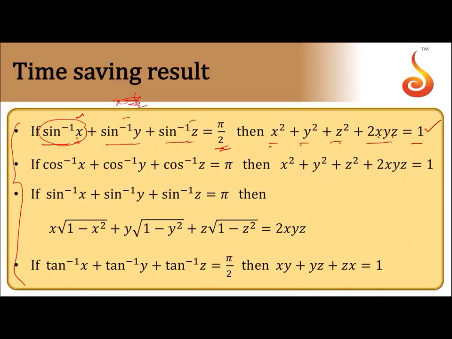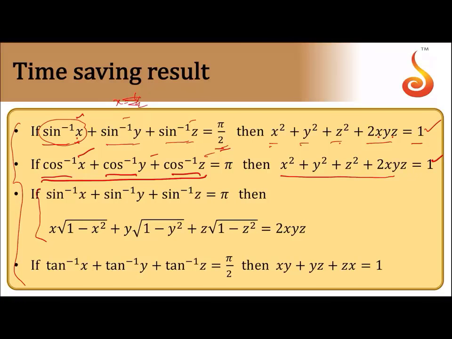In the same way, by taking the corresponding values of cos inverse x, cos inverse y, cos inverse z, and substituting to get x, y, z as some specific values satisfying this condition, you'll be getting 1 over here. Whereas this one, I will explain in later cases.